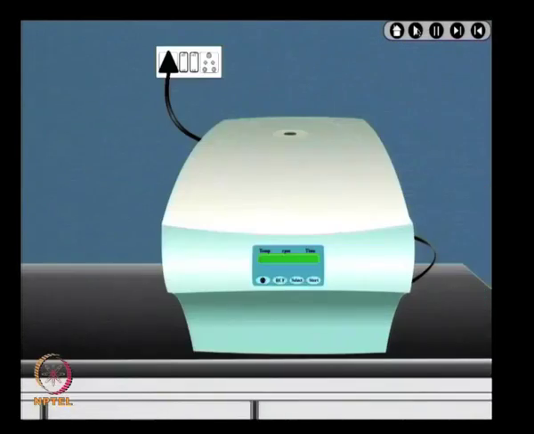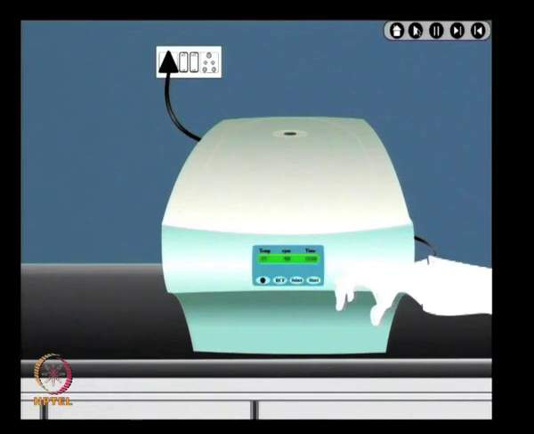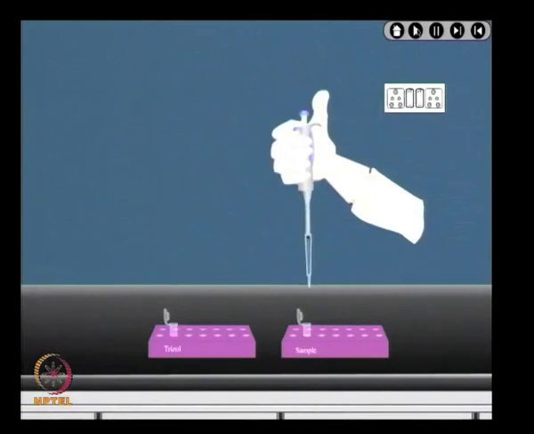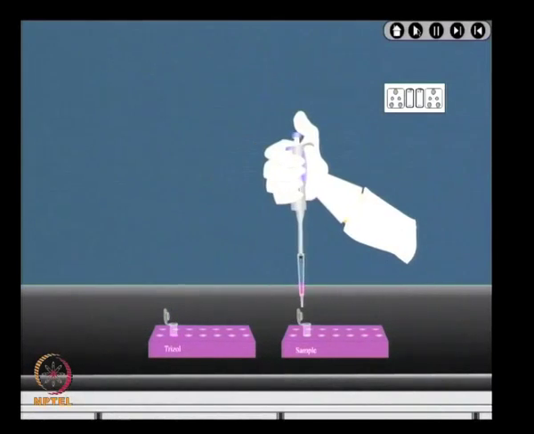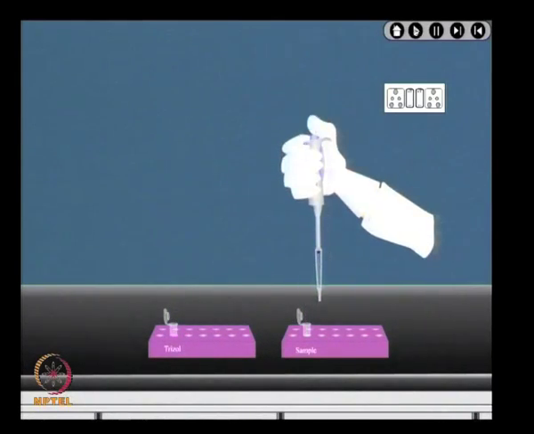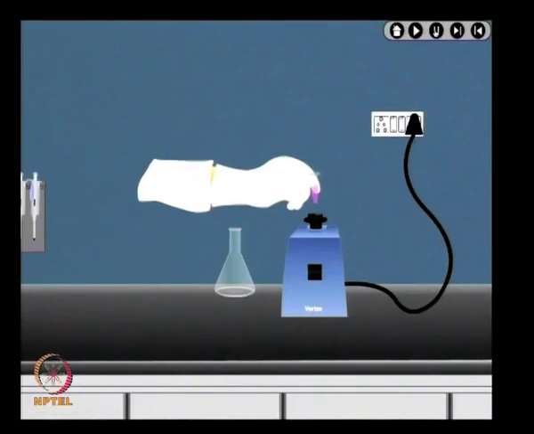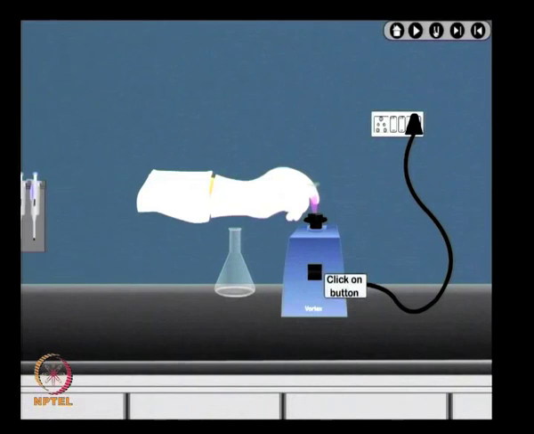Cell debris and unbroken cells can be separated by the centrifugation step. To the supernatant, add 1 ml of Trizol and 200 microliter of chloroform and mix vigorously for 15 seconds.